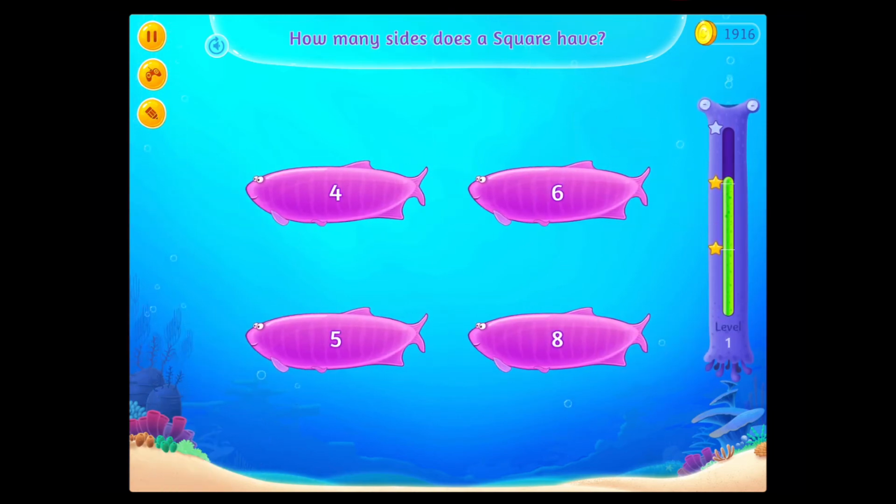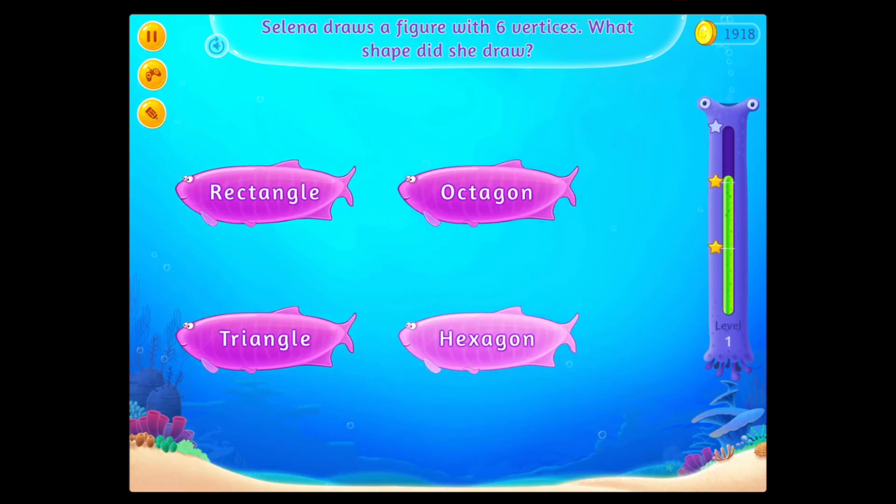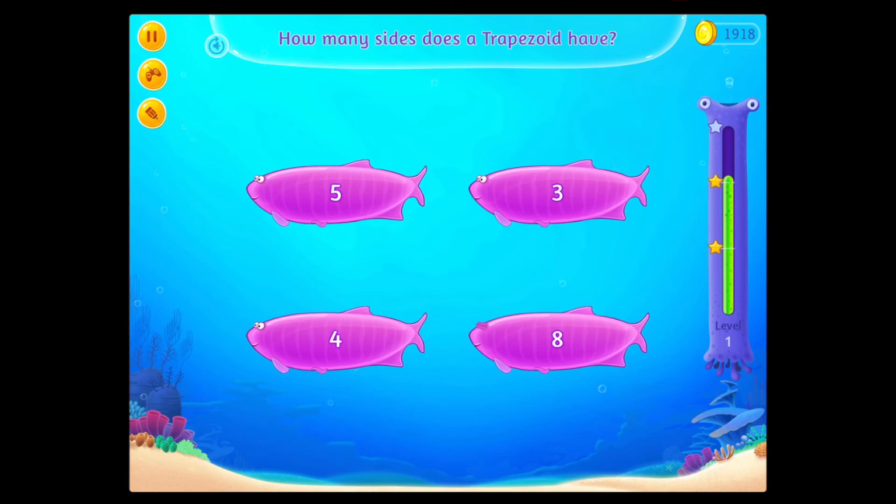How many sides does a square have? You rock. Selena draws a figure with 6 vertices. What shape did she draw? Good going. How many sides does a trapezoid have?